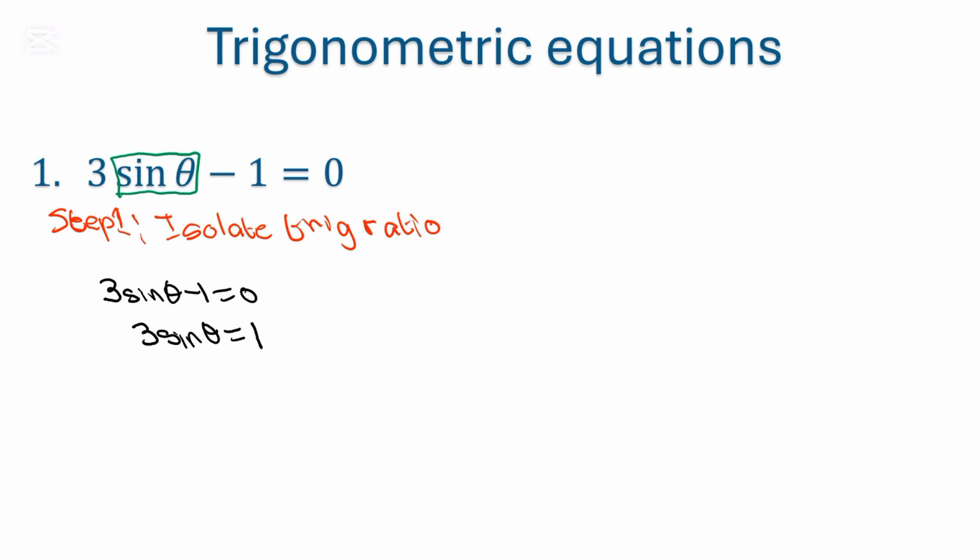The second thing you can do is divide both sides by 3. The 3 cancels the 3, so you're left with your trig ratio alone on one side: sine theta equals 1 over 3.